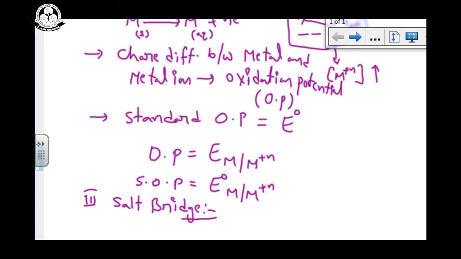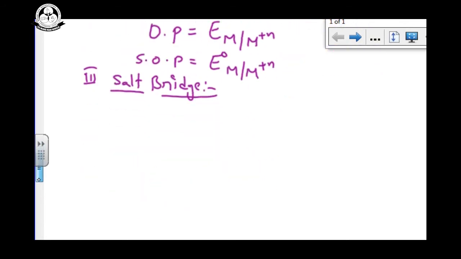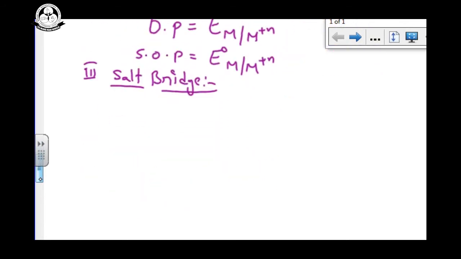Why are we using the salt bridge in galvanic cells?